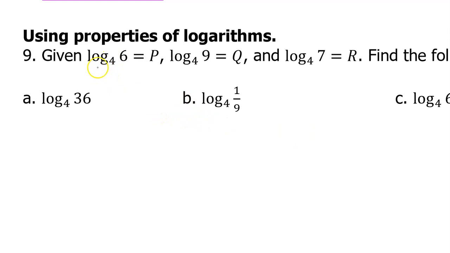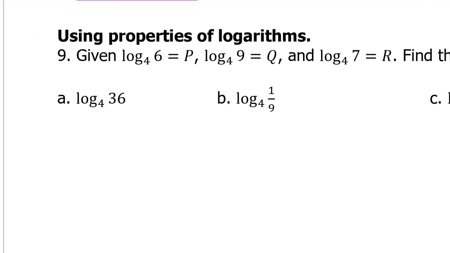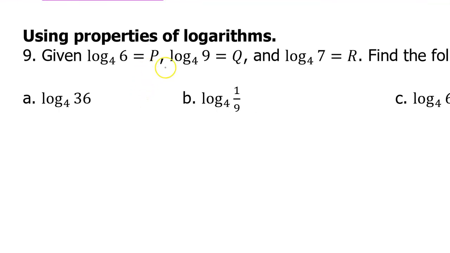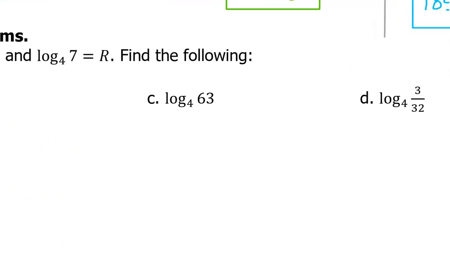All right, these last few problems are like playing a little game. We're given that log base 4 of 6 is equal to P. Log base 4 of 9 is going to be represented by Q. And log base 4 of 7 is represented by R. So we need to take each of these expressions and rewrite them in terms of P, Q, and R. Notice that all of these expressions have log base 4 in them.